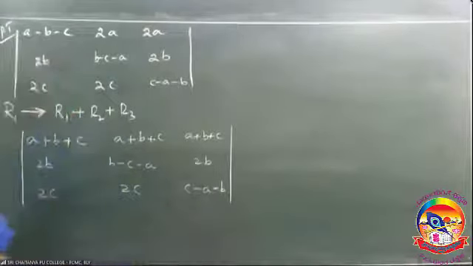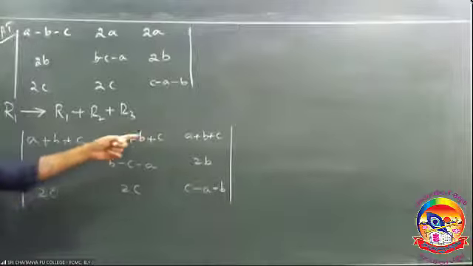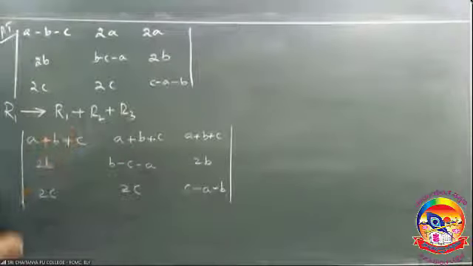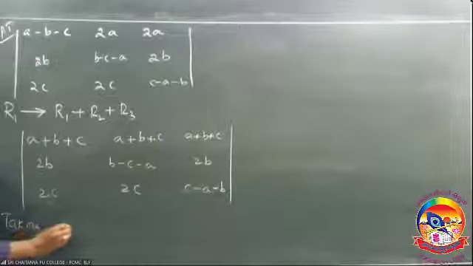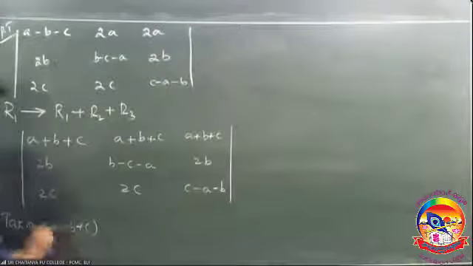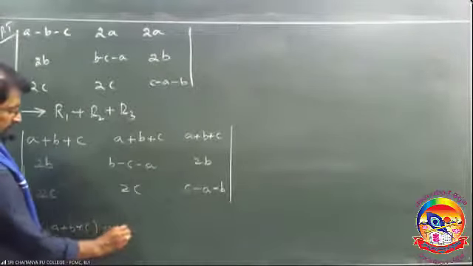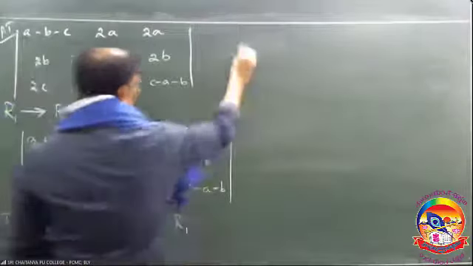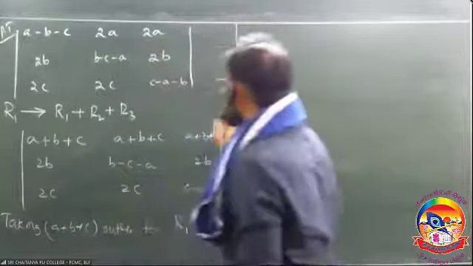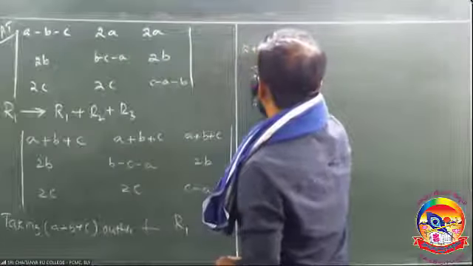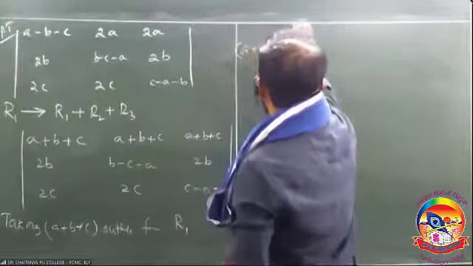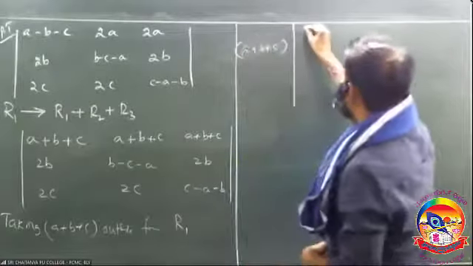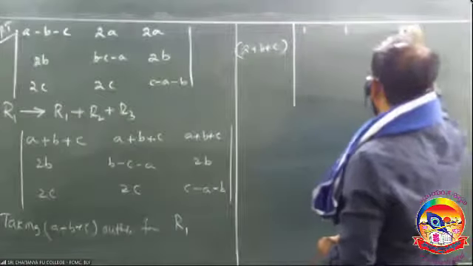Now if you observe this closely, you can take A plus B plus C out from the first row. Taking A plus B plus C outside from R1, I get A plus B plus C times the determinant with first row 1, 1, 1.